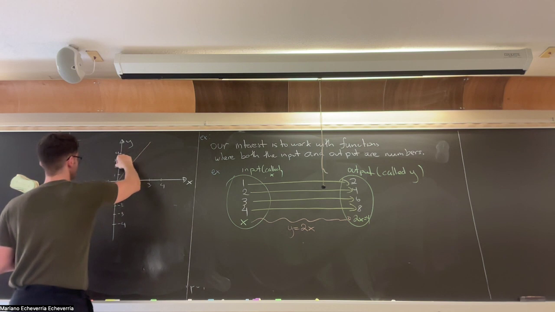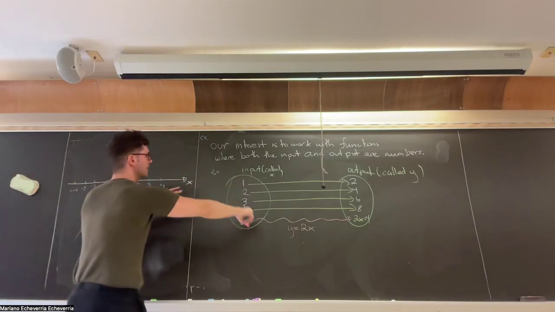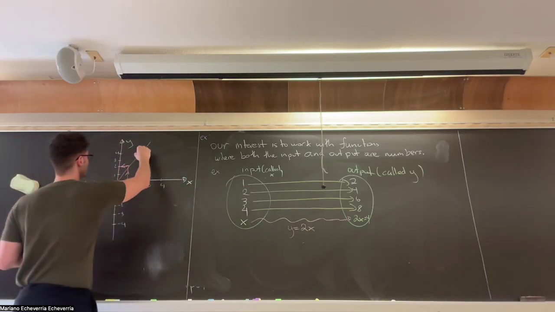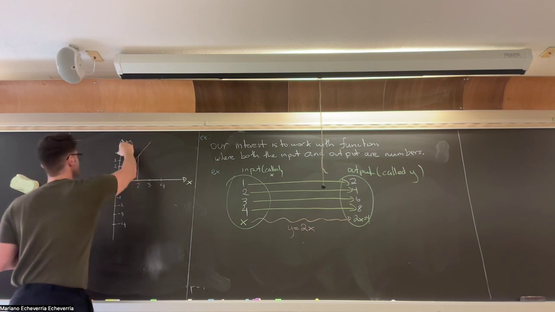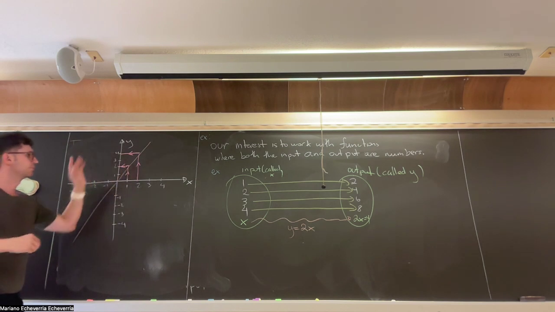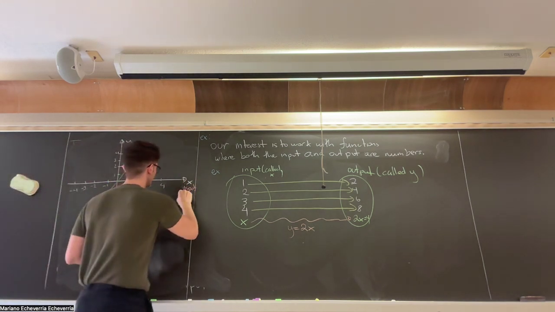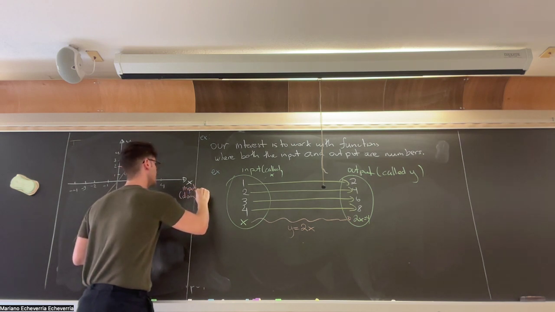So for example, 1 was assigned 2. If you want to see it in terms of the diagram, that's like these arrows, just rearranged in a different way. And then 2 was assigned 4. But you see, in the diagram you always go from input to output. So here's that input, which is also called the domain, by the way. It's the domain of the function.